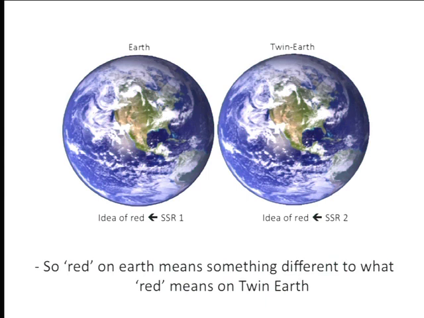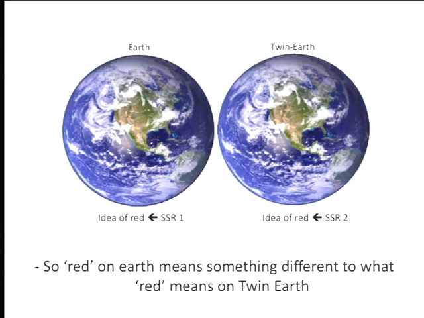So it could be that in our earth, one kind of surface spectral reflectance, one kind of physical characteristic is what causes your idea of red. But then in twin earth, it's a quite different physical characteristic of the object that causes the idea of red. So if you're transported to twin earth, then everything's going to look just the same. But the colours will all be different, even though you can't notice a difference.